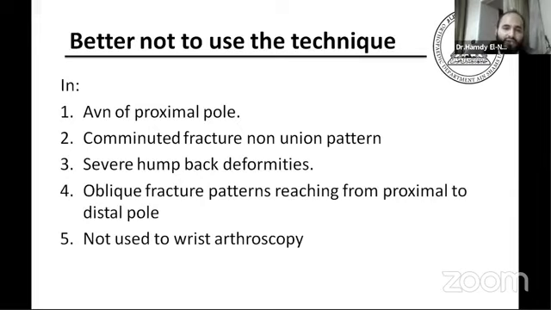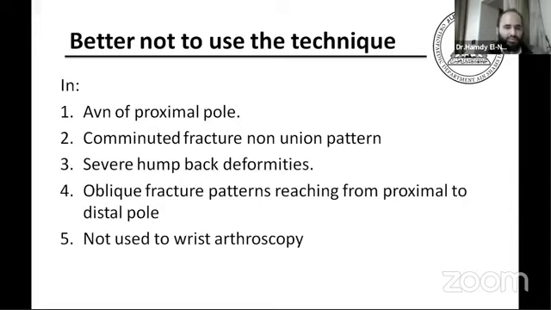Also, with a severe humpback deformity, it is troublesome for this technique to maintain the length of the scaphoid after releasing the traction. The distal fragment would rotate on the scapho-capitate wire and move into humpback again. So it's not the preferred technique in severe humpback.